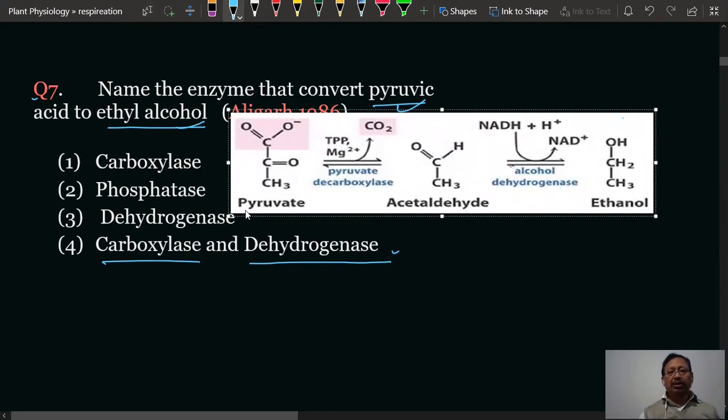Here you can see the pyruvic acid in the presence of pyruvate decarboxylase is converted into acetaldehyde. During this process, one molecule of carbon dioxide is released. And then the acetaldehyde is reduced to ethanol in the presence of the enzyme alcohol dehydrogenase.